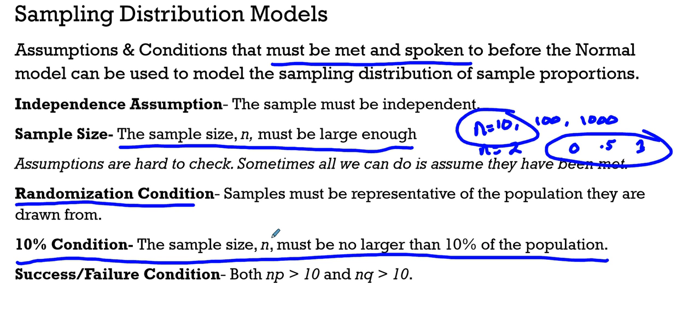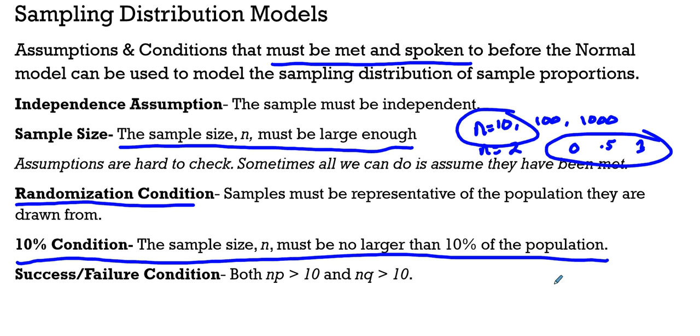If our sample's too big, every time we draw from it we're going to change the likelihood of whatever proportion we're looking at. So our sample size has to be less than 10% of the population. Sometimes it's just reasonable to think that it is.